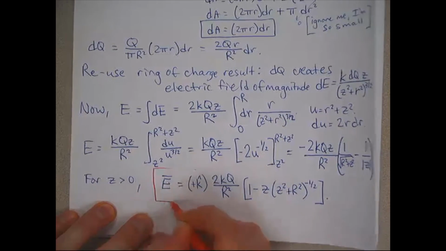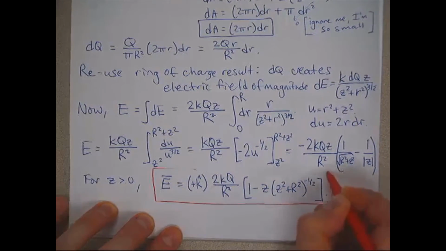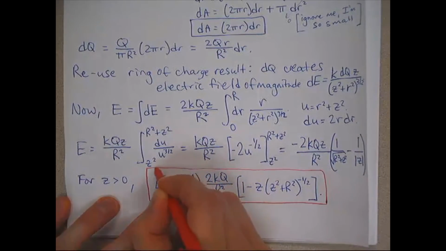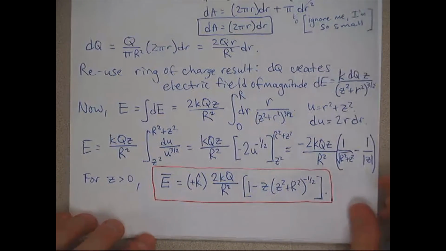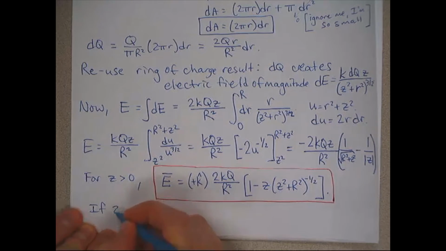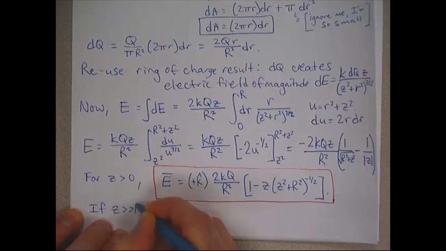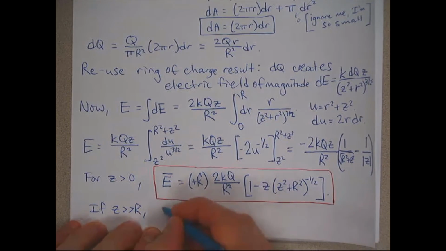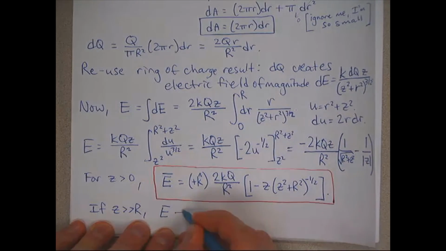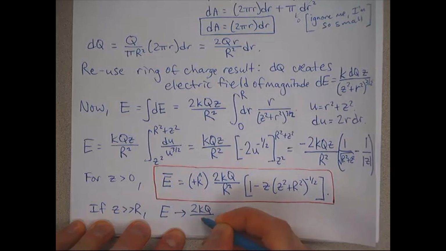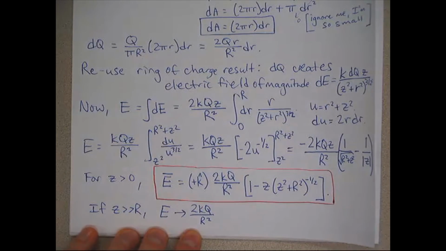I want you to always think about the limits of your results. Reasonable limit here in the case that you are much farther away from the disk than its radius, it should look like a point charge, does it? You have E approaching 2kq over big R squared.